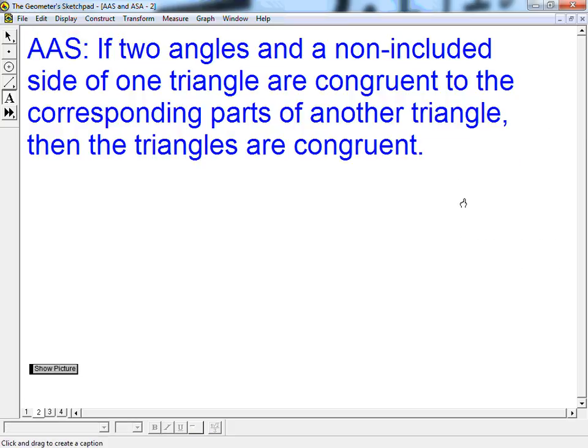I think the last part we can take off. So, if two angles and a not included side of one triangle are congruent to the corresponding parts of another triangle, then the triangles are congruent.